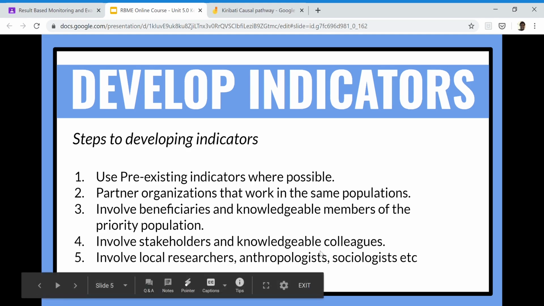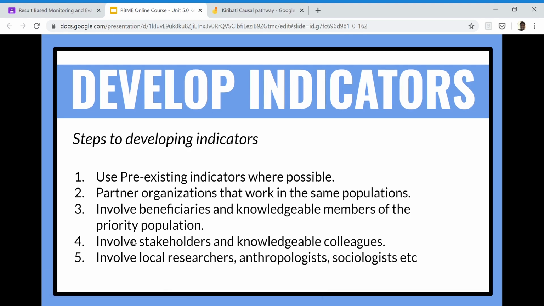Involve stakeholders and knowledgeable colleagues. Like I said earlier, you could think about other stakeholders, partners, and also colleagues that are knowledgeable in that thematic area as well. Then involve local researchers, anthropologists, sociologists.